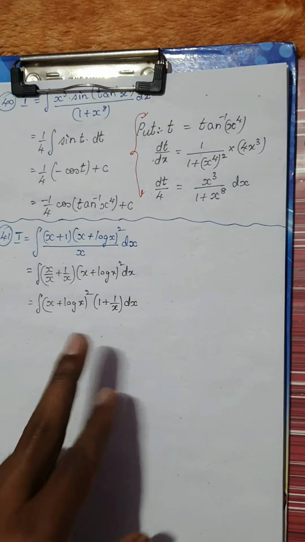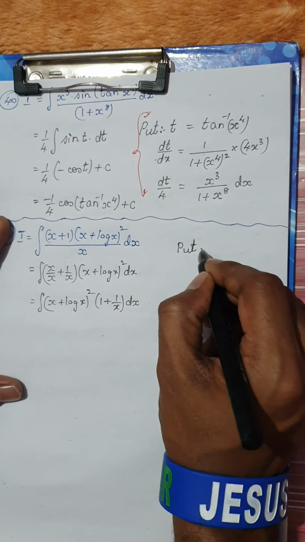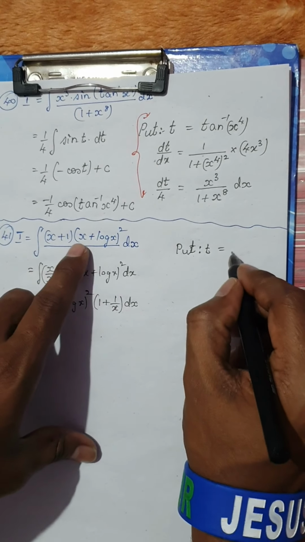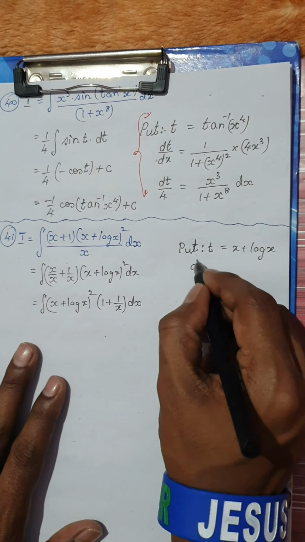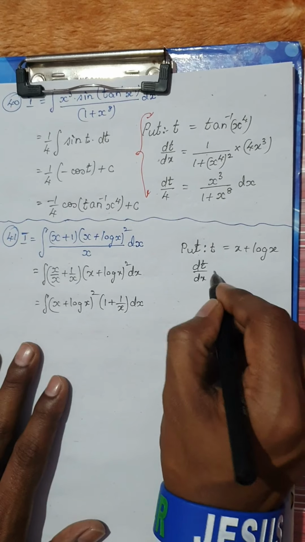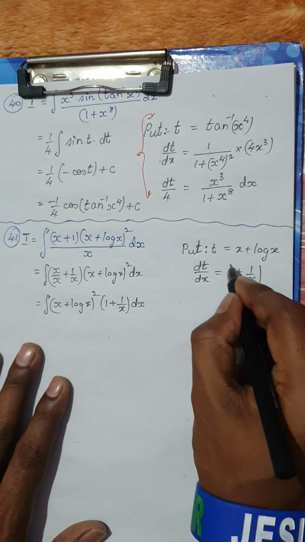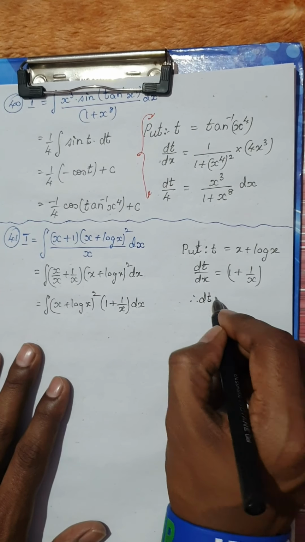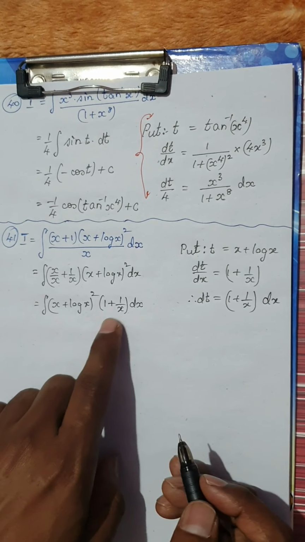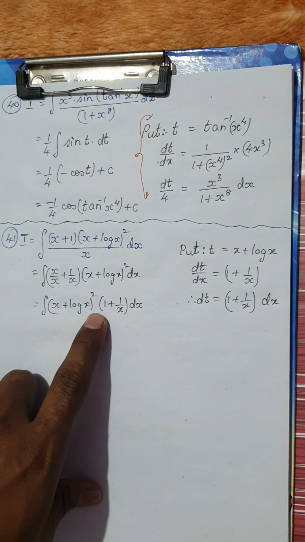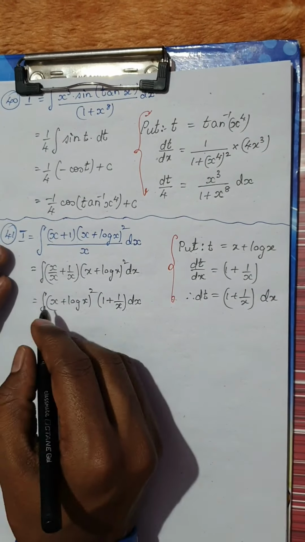Now you might be wondering, sir, why did you write this step? Now let us see why. I will put t as x plus log x. Differentiating with respect to x, dt by dx is, derivative of x is 1 and derivative of log x is 1 by x. Therefore, dt would be 1 plus 1 by x dx. Now you can see why I made some changes to the original integral, so that my working becomes very simple.